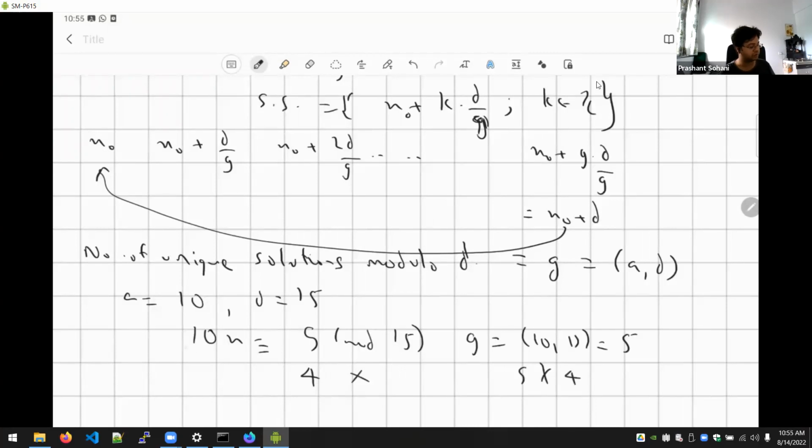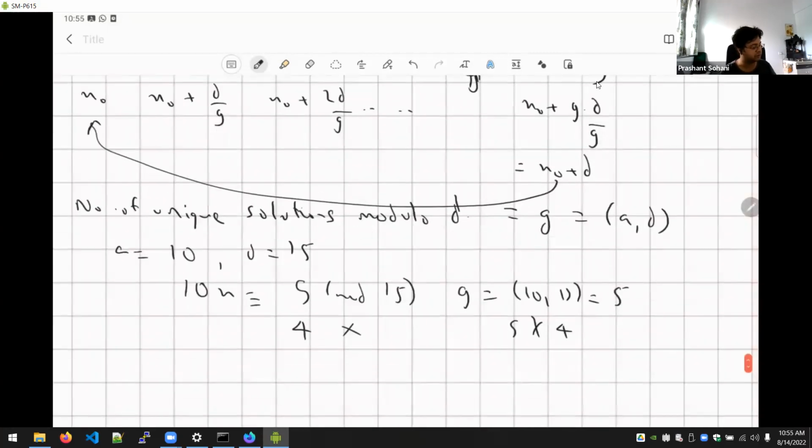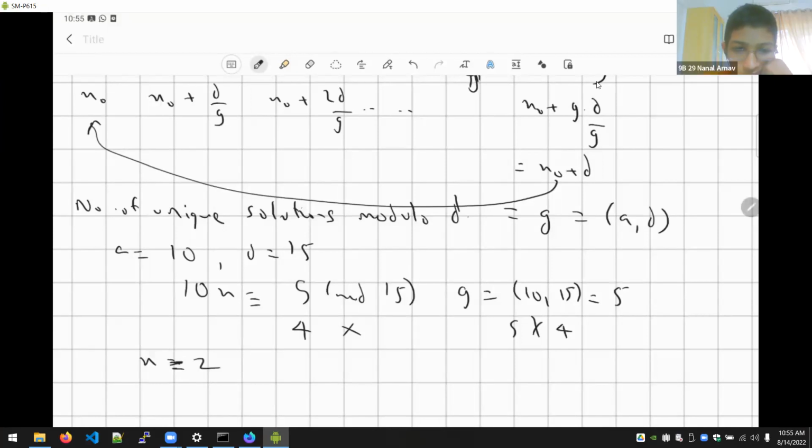But if you take the equation 10x is congruent to 5 mod 15, what is the first solution of x which satisfies this equation? For example, x equal to 2 works, right? Yes, sir. x equal to 2 is the first solution.